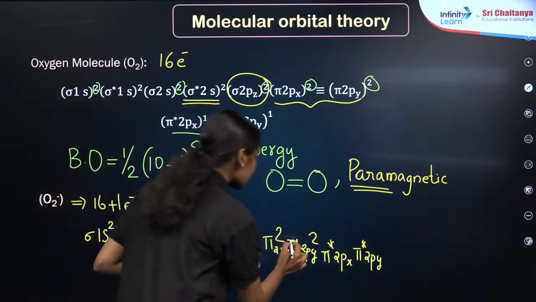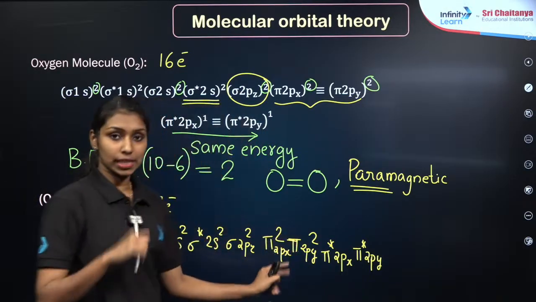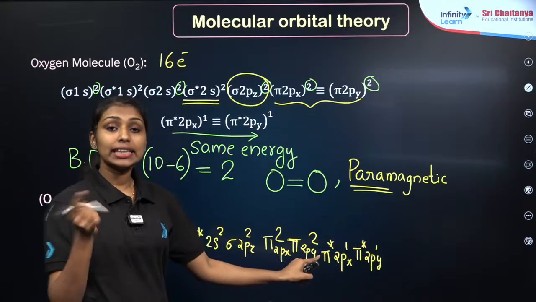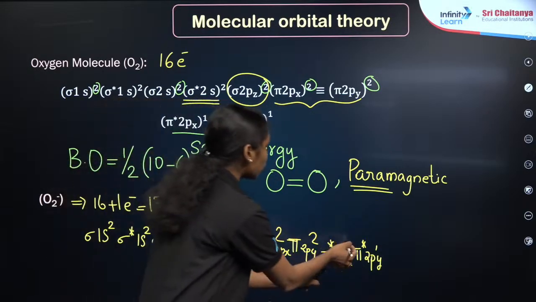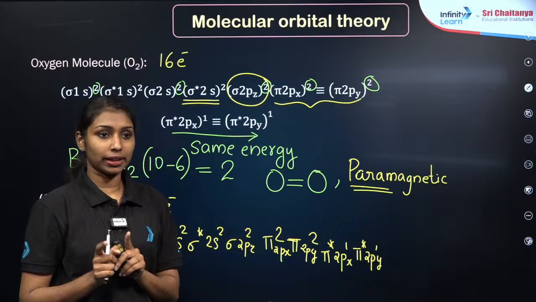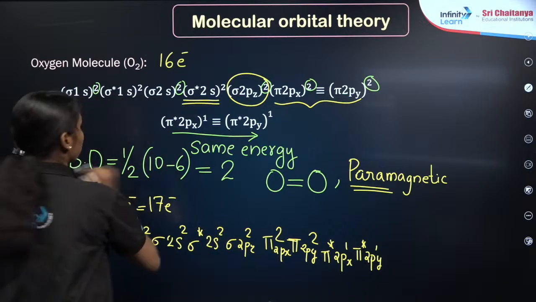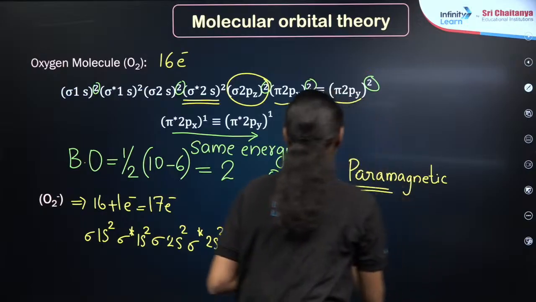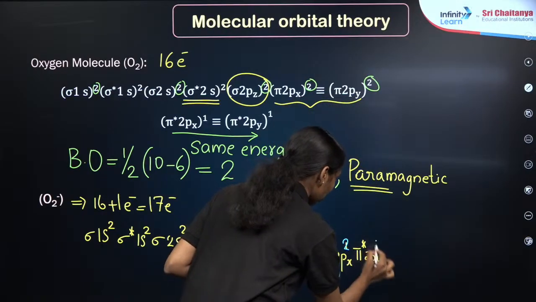After completing the pi 2py orbital, it will go to the pi star 2px. 1, 1, right? In total it will be 16 electrons. Then the next electron will enter into the pi star 2px in order to complete the double occupancy, right? Clear? So it will form 2, 1.